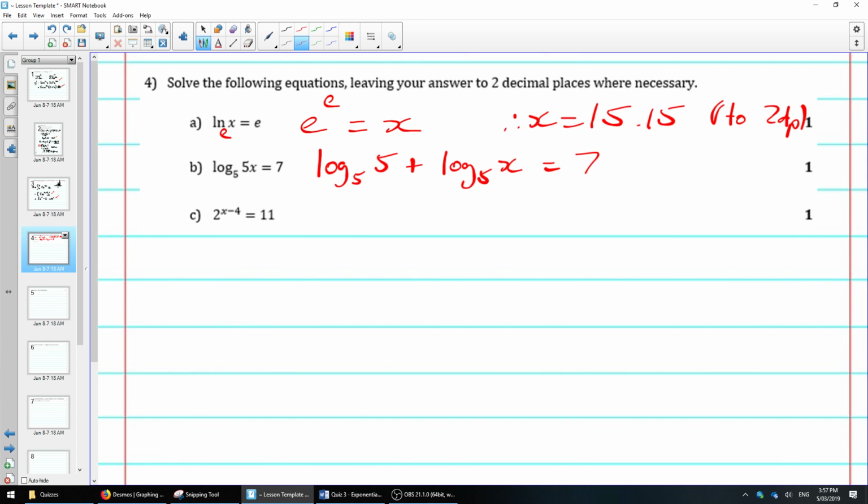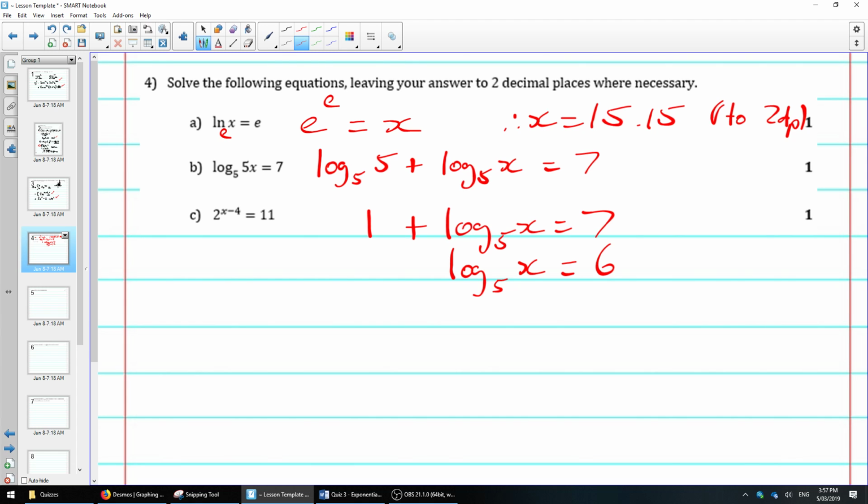Does that make sense? Now what does log 5 equal? 1. Remember, log base anything of that same number is 1. So we have 1 plus log x equals 7, so log x equals 6.